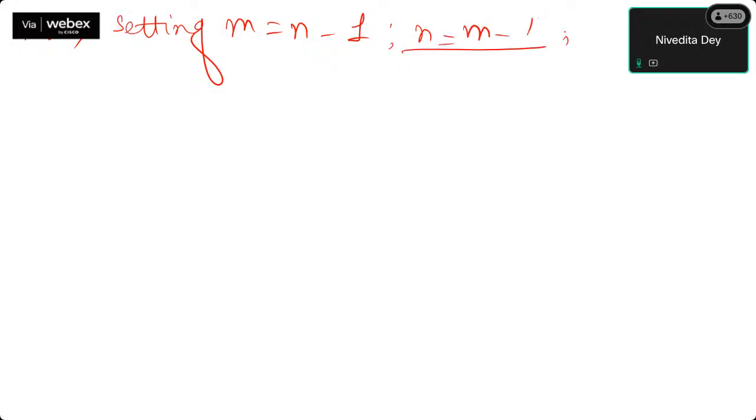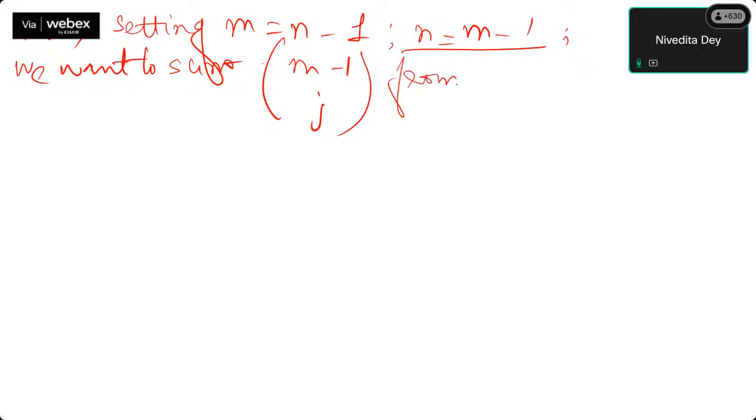Now, setting m equals n minus 1, or n equals m minus 1, whatever you take, we are interested in summing the binomial coefficient (m minus 1 choose j) from j equals 0 to m minus 1.